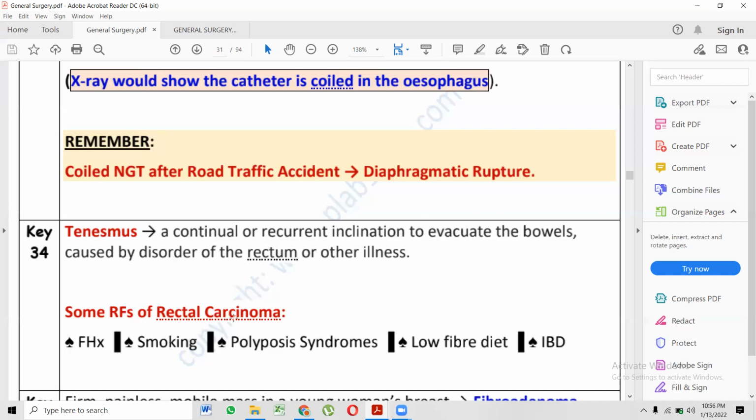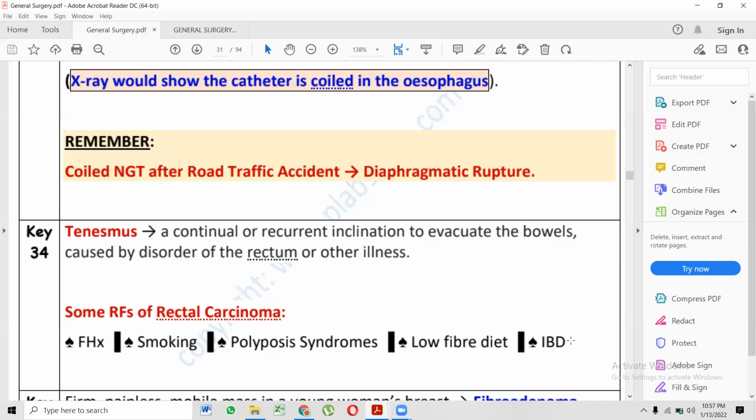Smoking is also a risk factor for colorectal carcinoma, as are polyposis syndromes, and a diet that consists of only meat or canned food or which is low in fiber. Inflammatory bowel disease is also a risk factor for colorectal carcinoma, because in inflammatory bowel disease there is inflammation of the colon or intestine, and inflammation leads to increased turnover of the cells.